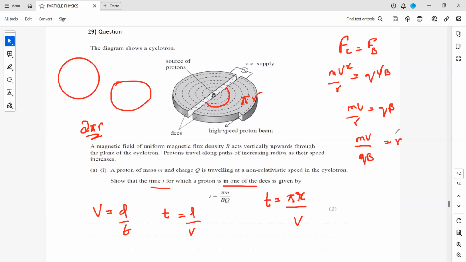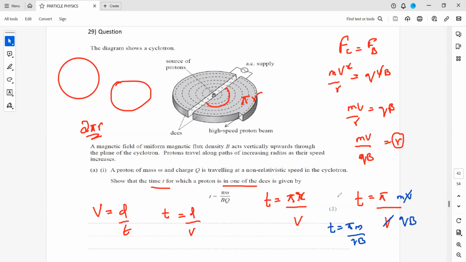If I substitute the value of r from this equation, then t is equal to pi r over v, and the value of r is mv over qb. So this v will cancel with v, and we are left with pi m by qb, where q is the charge.